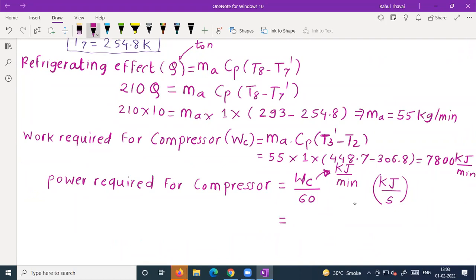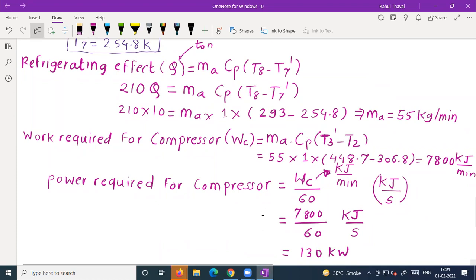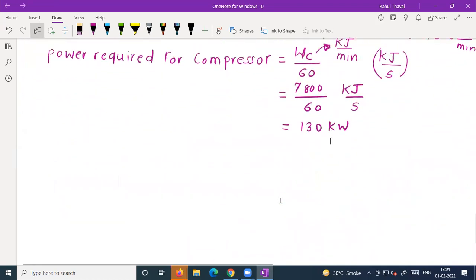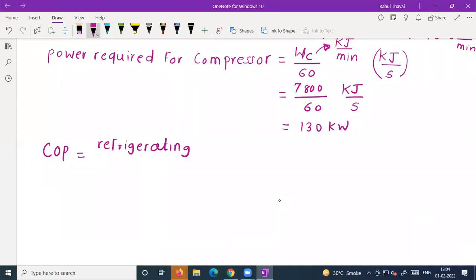When we divide 7800 by 60, we get it in kilojoule per second, which is nothing but kilowatt, and that is power, and we are getting it as 130 kilowatt. Is that okay, all of you?